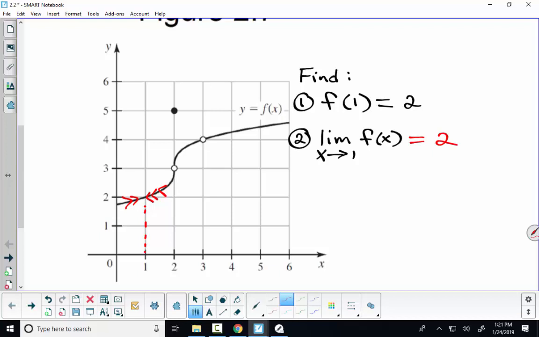We see what we mentioned right above the label for figure 2.7: it does not depend on the value of f of a. Sometimes it does work out that way. Here's a prime example. f of 1 is 2, and the limit as we approach 1 is also 2.